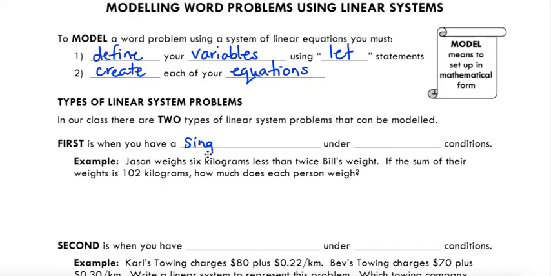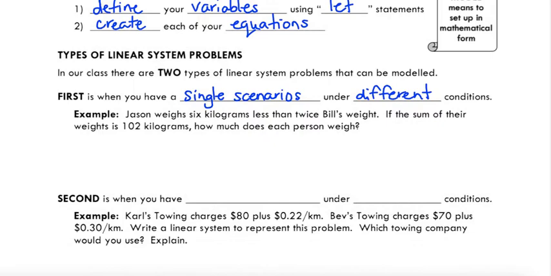This might be one problem, and we're looking at two different people in terms of that problem. We're not going to solve any of these. We're just going to take a look at identifying variables and coming up with equations for each of these at this point, just so we have some of that practice.